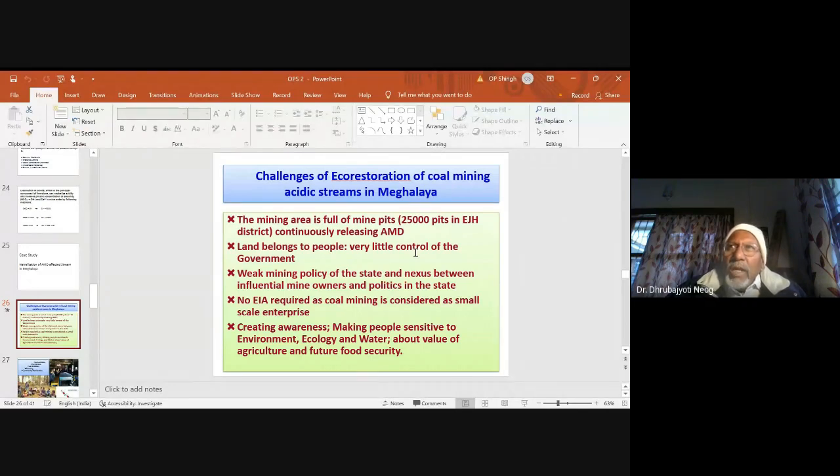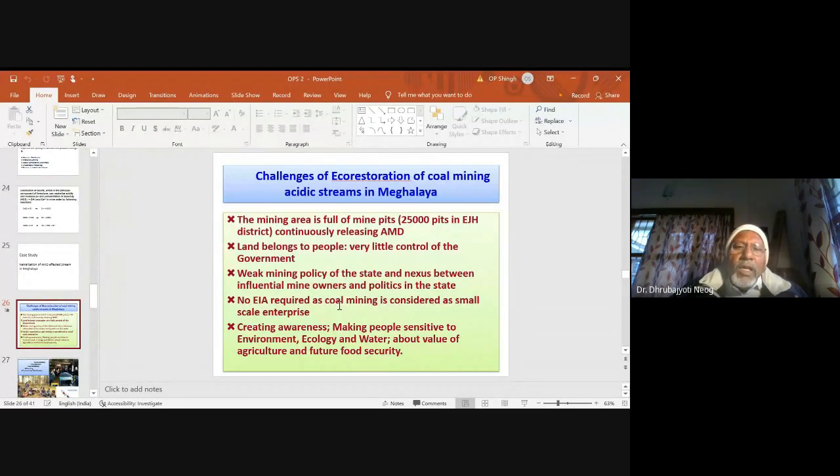And that too, most of the land is in the form of protected area. Then weak mining policy of state and nexus between influential mine owners and politicians in the state. So nobody wants that any such type of eco restoration work should be done because they think that their mining will be affected.